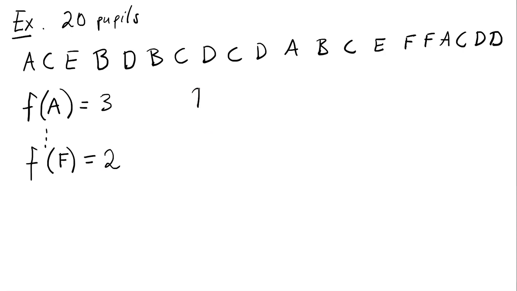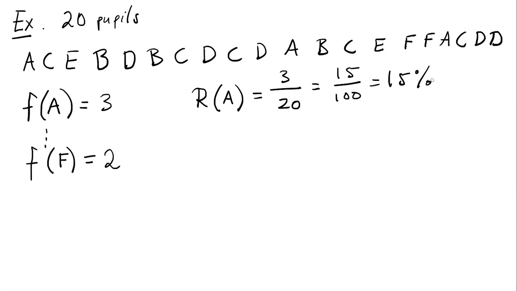And then we can also calculate the relative frequencies. What is the relative frequency of grade A? 1, 2, 3. Yeah, we could also look here. We had 3. So it's the frequency, 3 out of a total of 20. We could answer this as a fraction, but if we want percent, this is 15%.